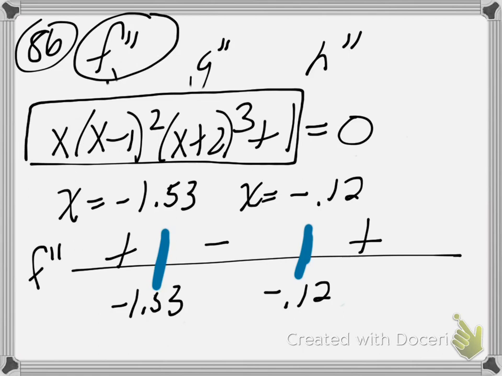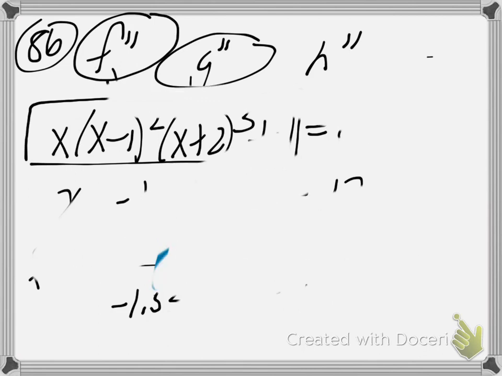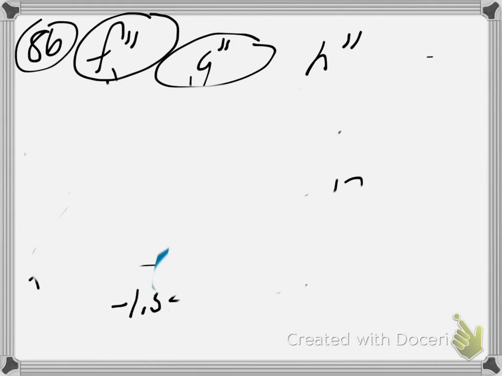So that would give us g double prime as well. Okay, and now we just have to do h double prime, so let's get rid of this. Okay, so h double prime is this.